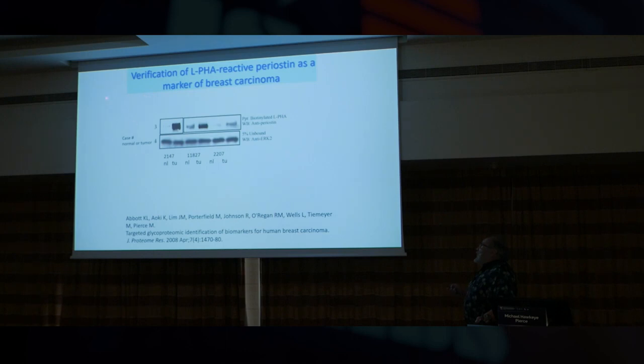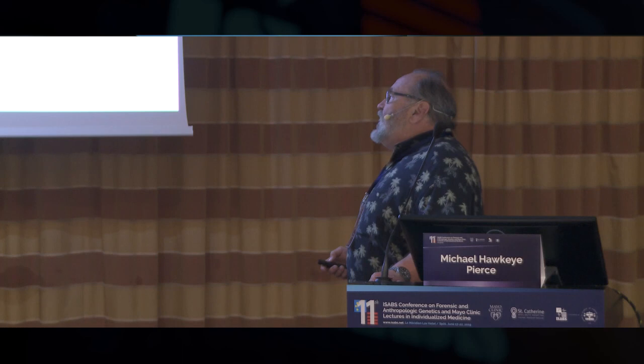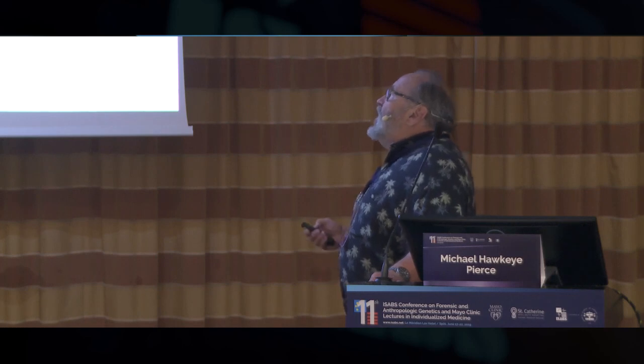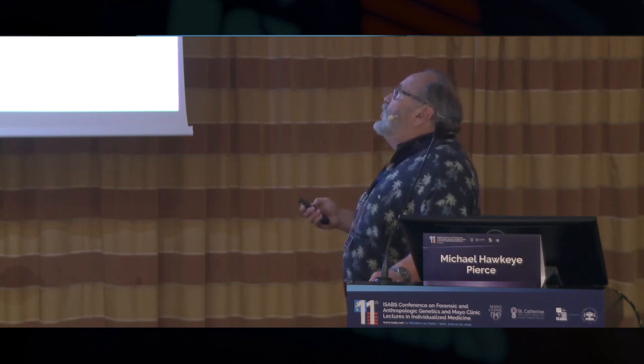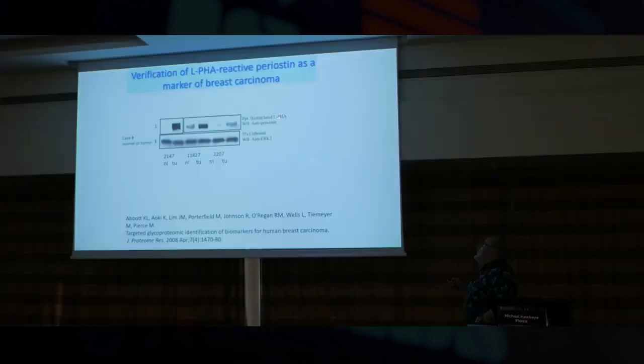And then we can actually verify these changes, this expression, using an antibody to periostin that we obtained commercially to pull it down, and then look for binding to LPHA to confirm that our scheme that I just described was really accurate, and we really see large differences in periostin with the LPHA branch on it in the cancer.